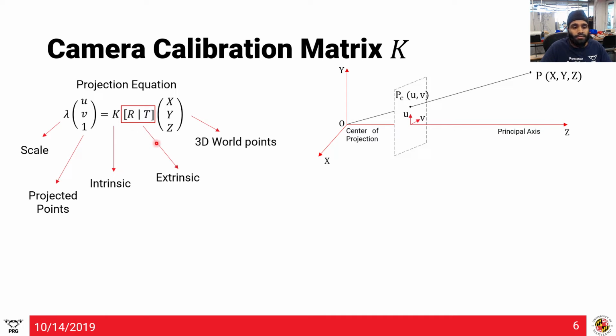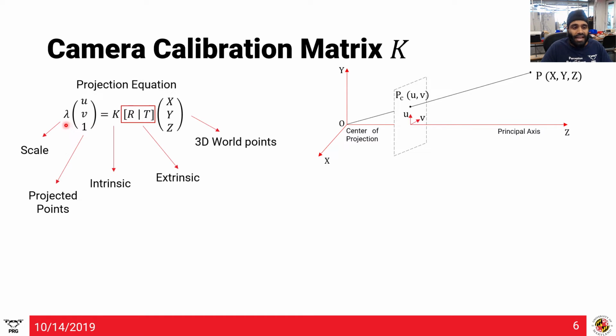So I know the world coordinate xyz, I know the rotation and translation between 2 frames, I know my intrinsics, then only I can compute my projected points u, v. So this entire equation is called a projection equation.